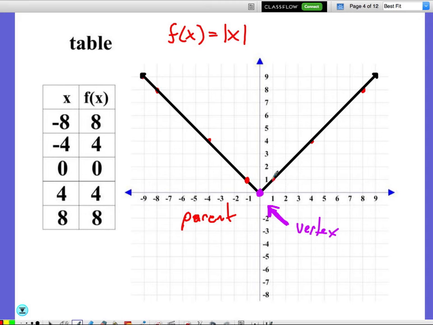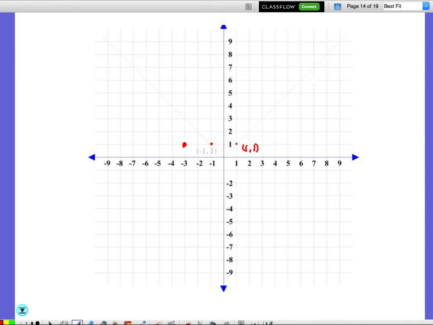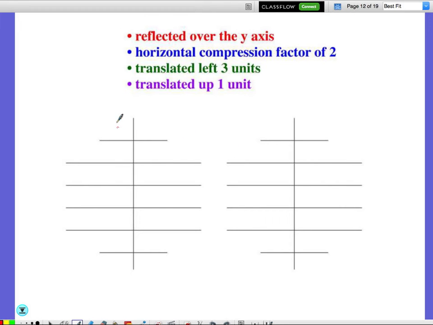The parent function has the points 1, 1 and -1, 1, and we can use any points on the parent function, but by default we're going to use those. So here I have 1, 1 and -1, 1. Now the first transformation I want to look at is reflected over the y-axis.